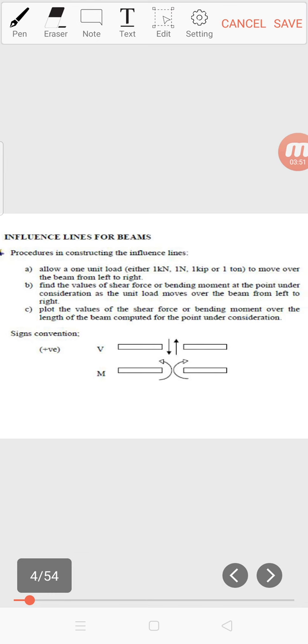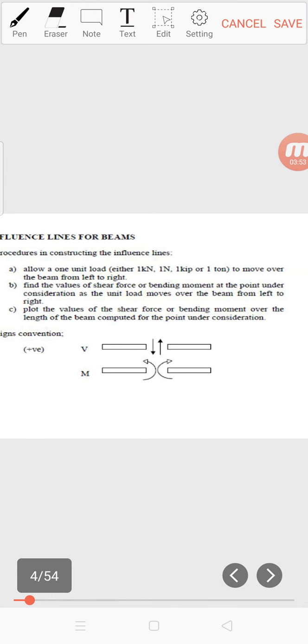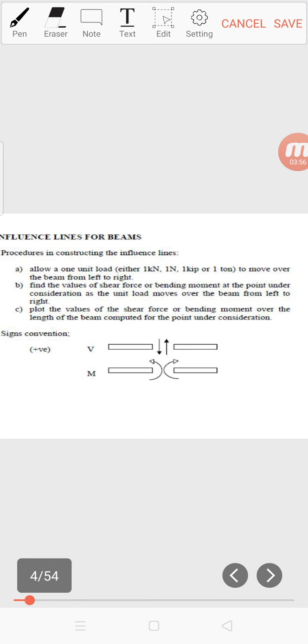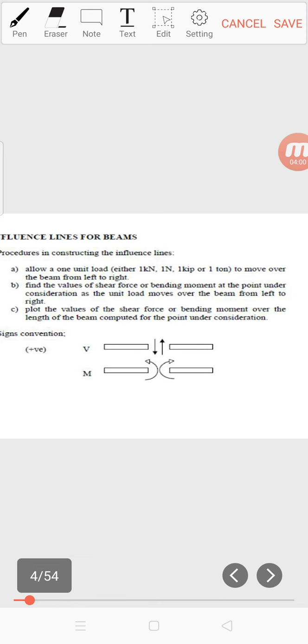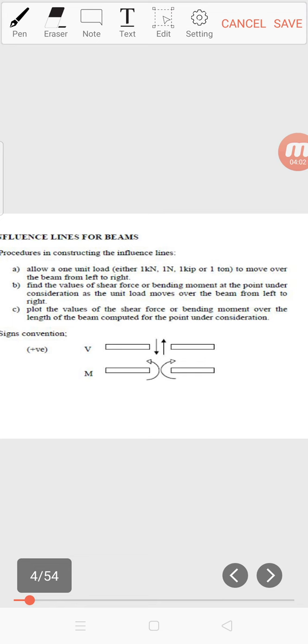Third, we plot the value of the shear force or bending moment over the length of the beam computed for the point under consideration. There will be a point to be considered, the point where we need to know what is the load acting at that point.